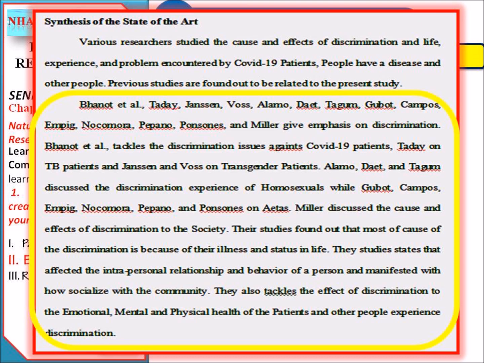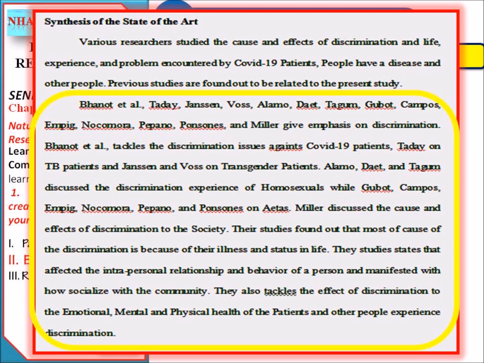What you see here are the authors like Banot et al., Taday, Jensen, Vos, Alamo, Daet, Tagum, Gobot, Compos, Empig, Nakamura, Pigano, Ponsones, and Miller giving emphasis on discrimination. So as you can see, all of these authors focus on discrimination, which the current author is synthesizing, or they combine these literatures with the same concept or with the same ideas.